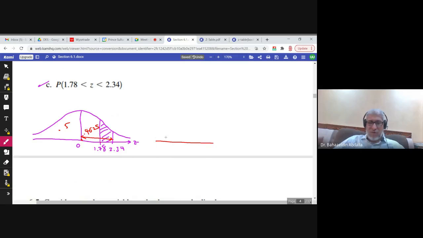So how to solve this question? You go to 2.34 and you find this area, you call it A1, and then you go to 1.78 and you find this area and you call it A2, and then this area would be A2 minus A1.